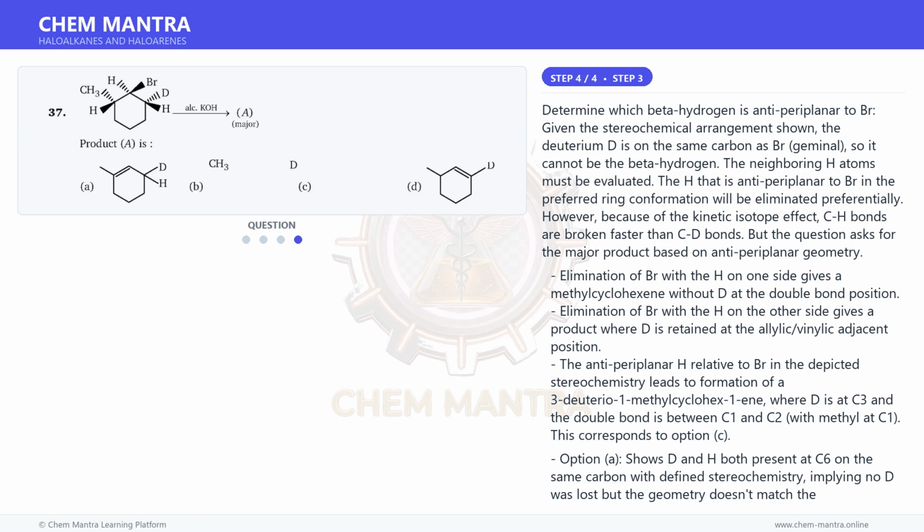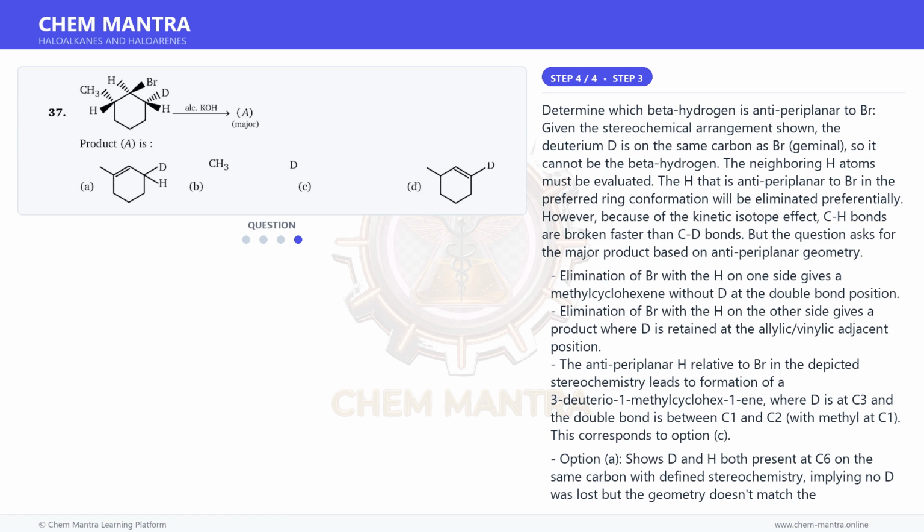Elimination of Br with the H on the other side gives a product where D is retained at the allylic adjacent position. The anti-periplanar H relative to Br in the depicted stereochemistry leads to formation of a 3-deuterio-1-methylcyclohex-1-ene, where D is at C3 and the double bond is between C1 and C2, with methyl at C1. This corresponds to option C.